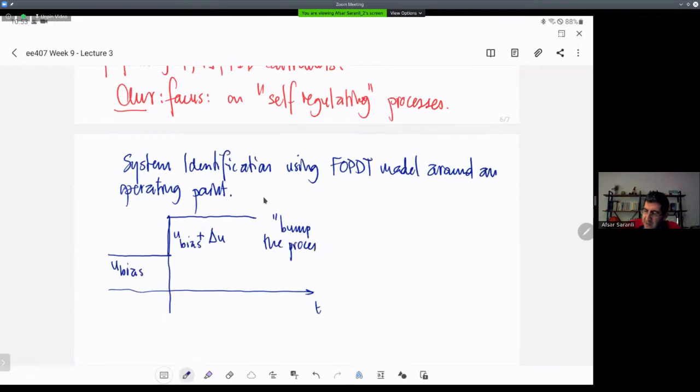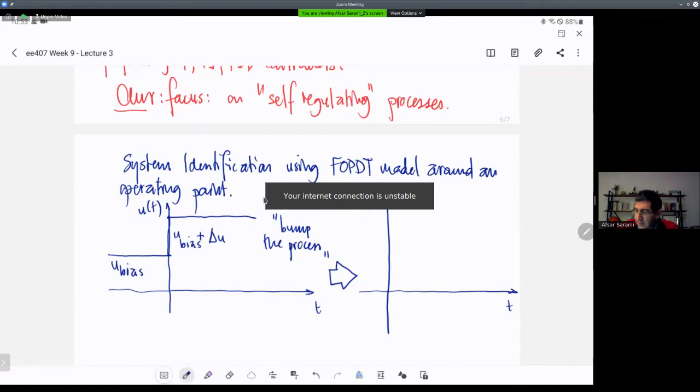So this is my input, okay, U of t. So you come in with a bias signal that you have determined as your operating point, and you suddenly introduce a step input on top of that bias point, and that's going to give you a response, obviously. Okay, so the plant will respond by having a steady state value initially at the operating point.